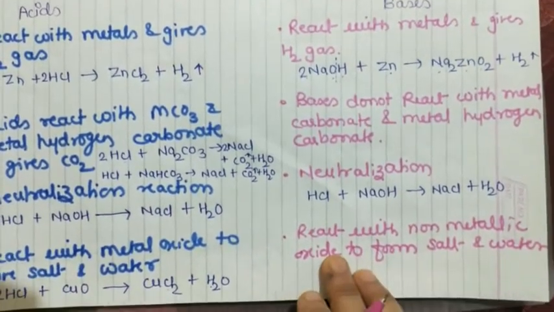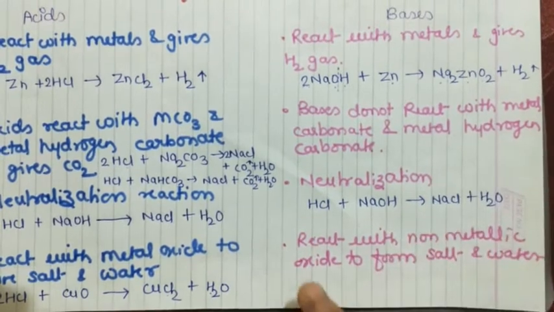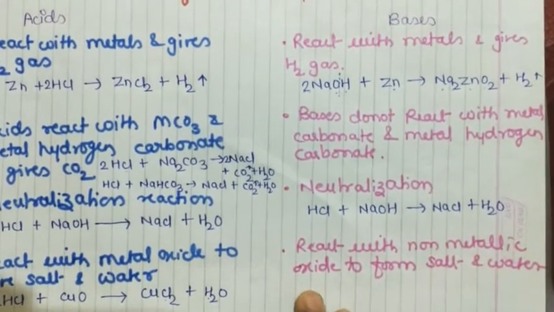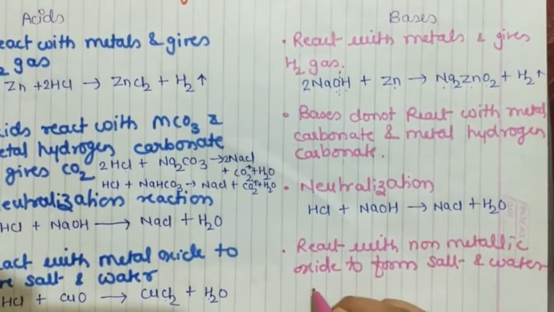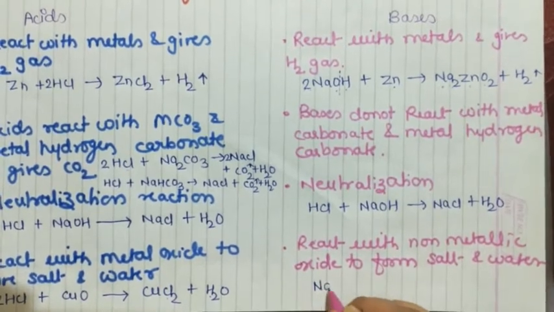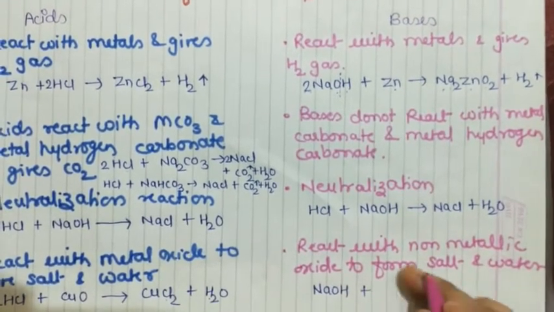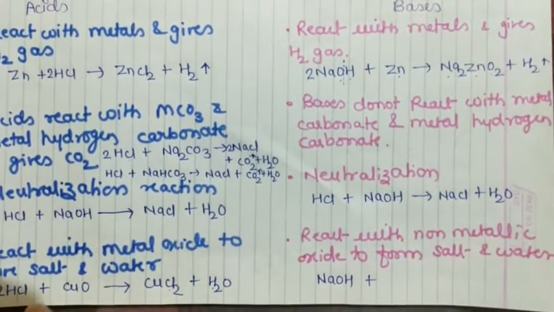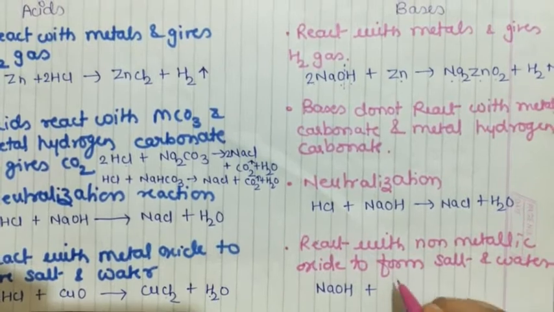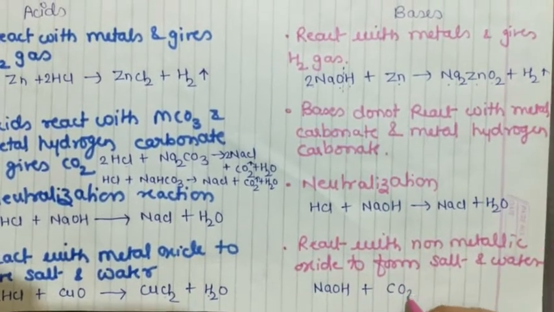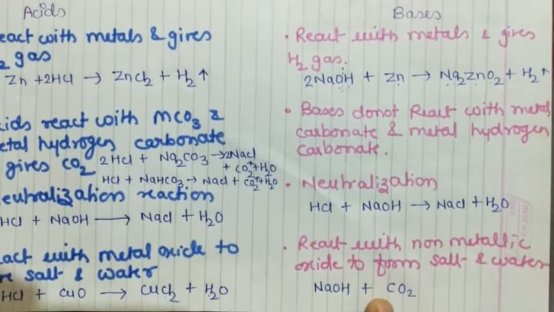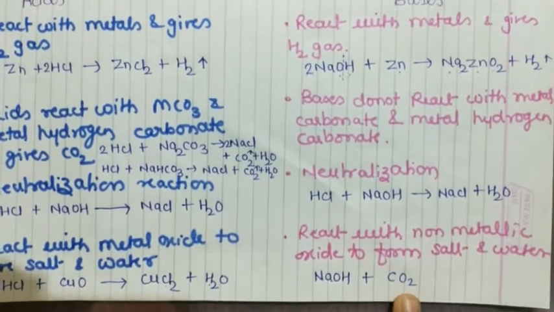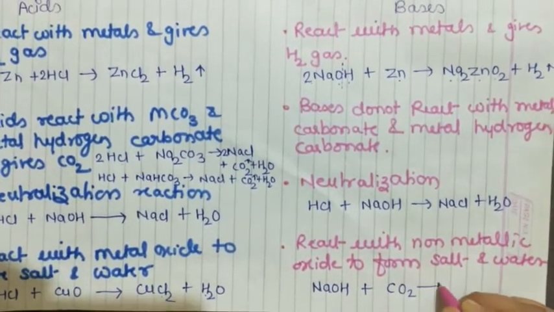Next is what happens when your base reacts with a non-metallic oxide to form salt and water. Suppose we take NaOH again. Non-metallic oxide means, here we took a metal oxide, so we had to take a metal, but here we have to take a non-metal. So very easily we can write CO2, because the non-metal is carbon and for oxide we write oxygen.